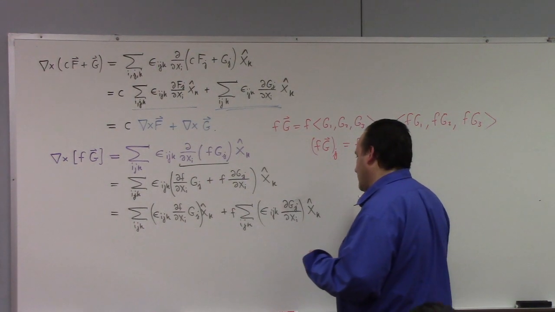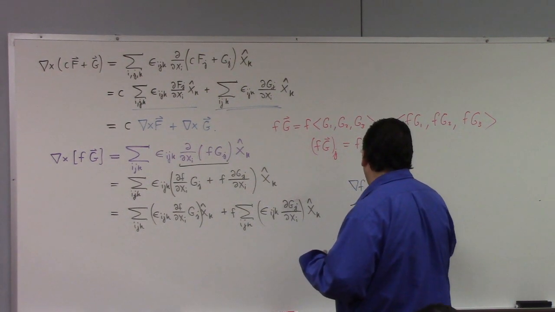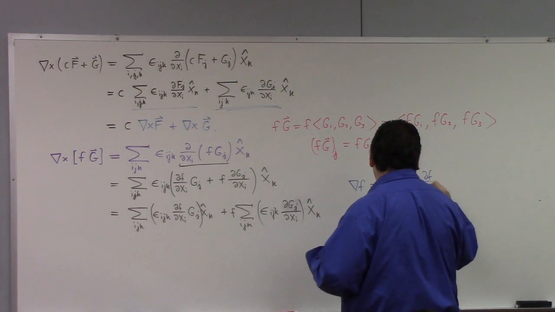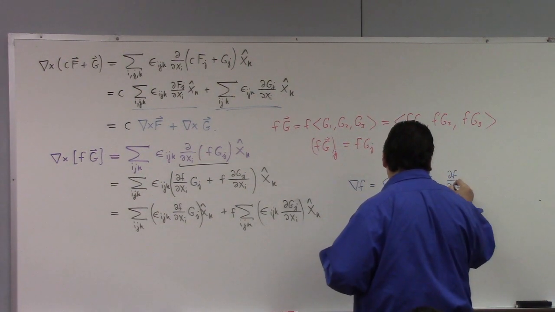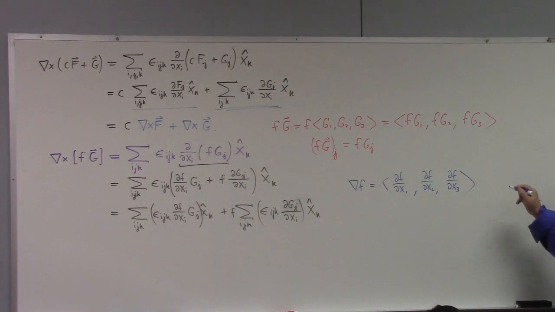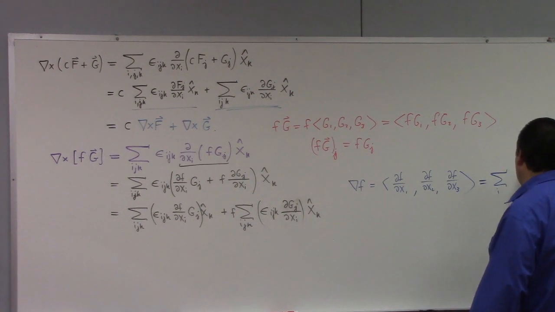So the gradient of f, right, is what? Partial f, partial x1, partial f, partial x2, partial f, partial x3 in our current notation. In other words, it's equal to the sum over i of partial f, partial x_i, x hat sub i.